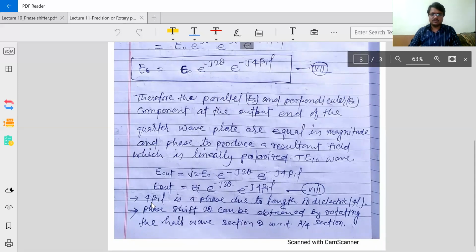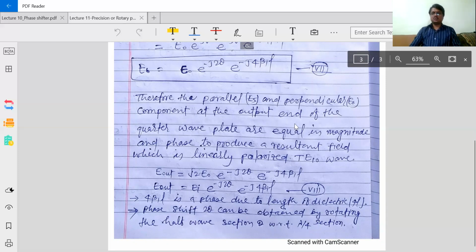Here it is also written that E out will be written as Ei e to the power j 2 theta e to the power minus j 4 beta 1 l. So 4 beta 1 l is the phase due to the length of the dielectric, l, l and 2l. Phase shift 2 theta can be obtained by rotating the half wave section, that is the rotary section, with respect to lambda by 2.